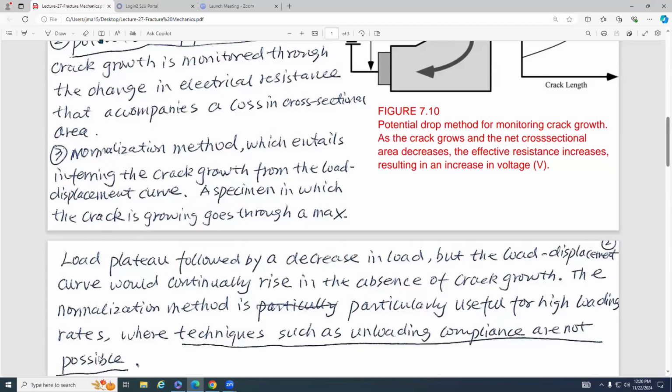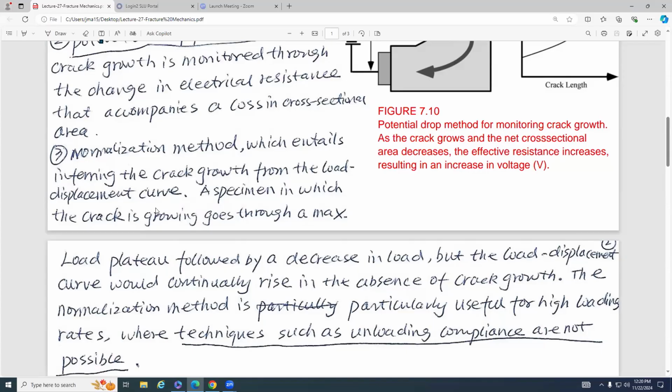Do you have the experience of operating any machines in the downstairs machine shop? When you machine something, the loading rate is very, very high. Strain rate is very high. So when you want to work with that kind of loading rate, especially when you get the Johnson-Cook parameters, you are supposed to use these techniques.